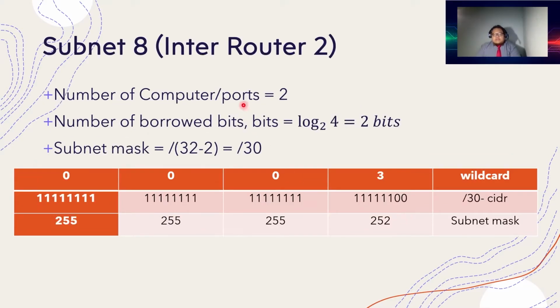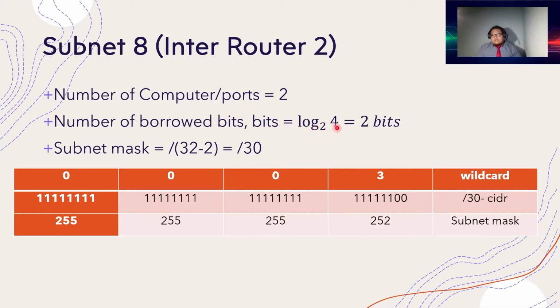Next is the last subnetting, which is the inter-router 2. The inter-router 2 is also going to need 2 ports in their address in their subnetting. So the number of borrow bits is the same, log2 4.